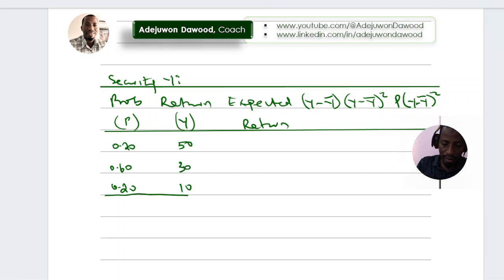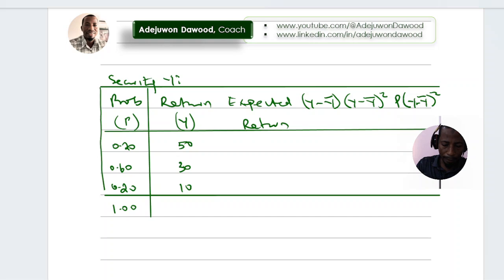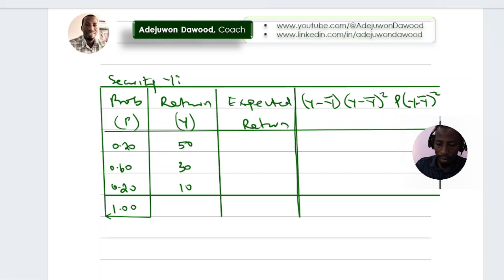So let's get the expected return. Let's complete the table. This is the return of security Y, expected return of security Y.